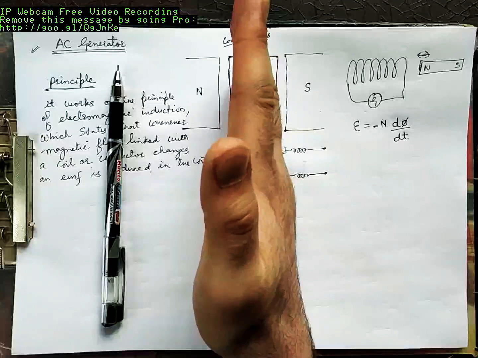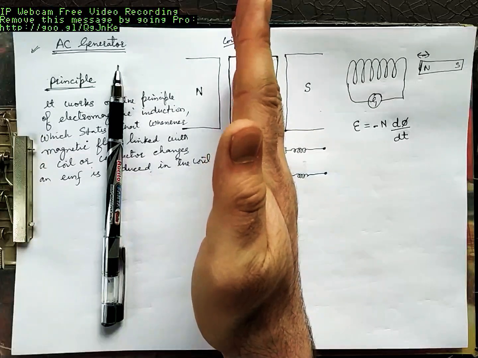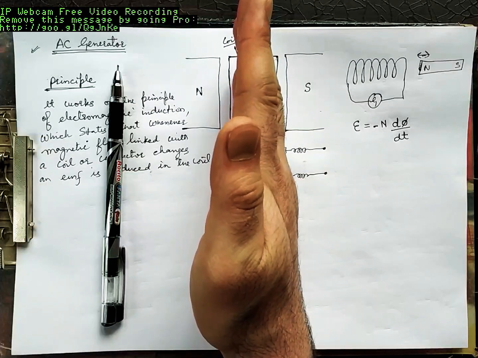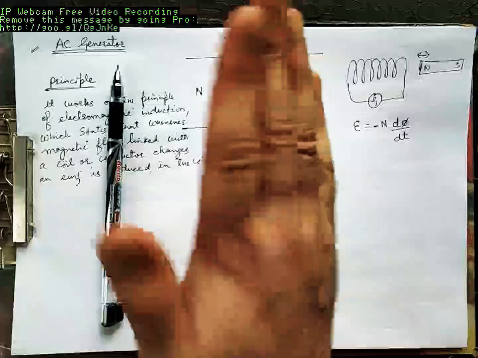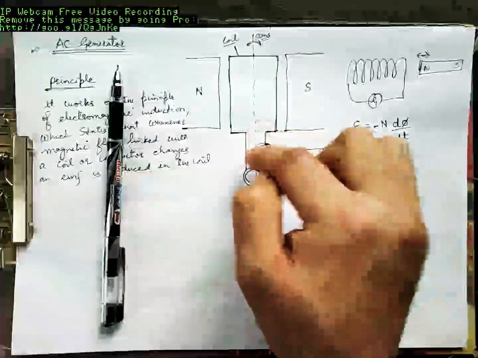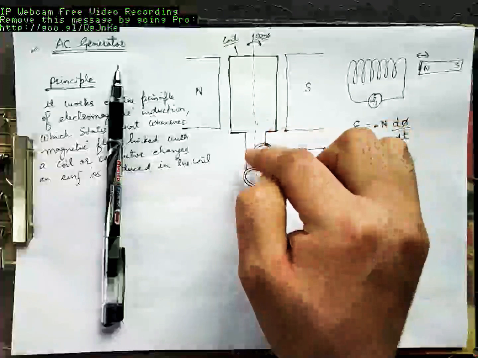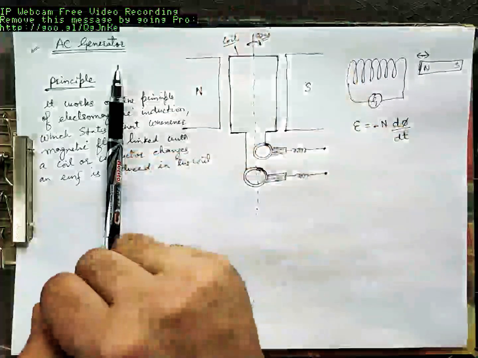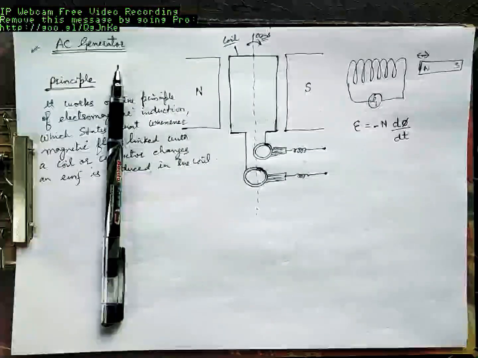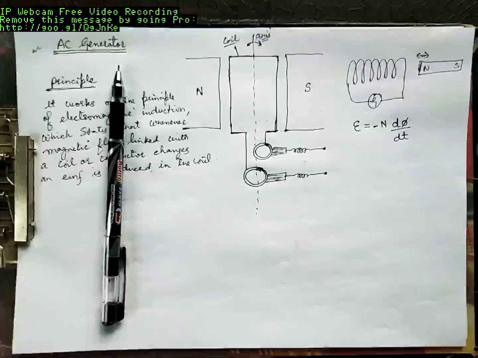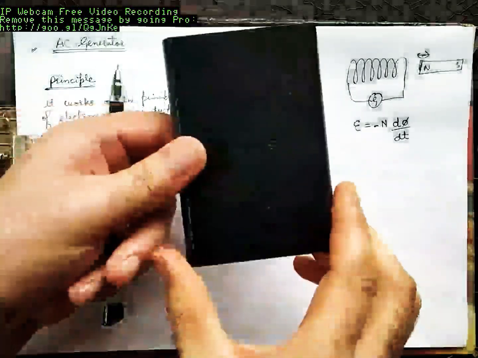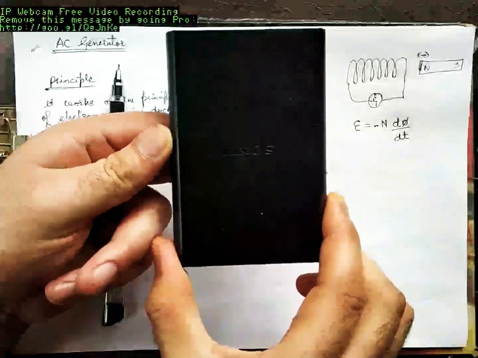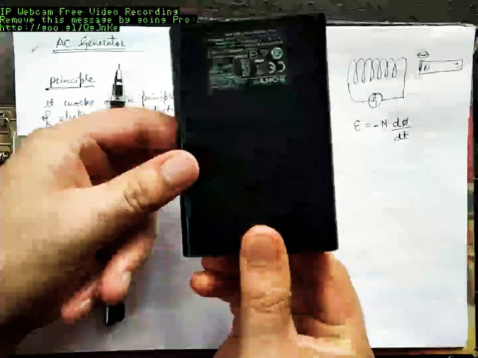We already know that EMF will be induced only when this experiences a change in flux. Fine. So in order to produce electrical energy, or in order for this coil to have an induced EMF, we have to rotate this coil continuously. So this is the reason why, suppose this is the coil, you have to rotate this coil continuously.